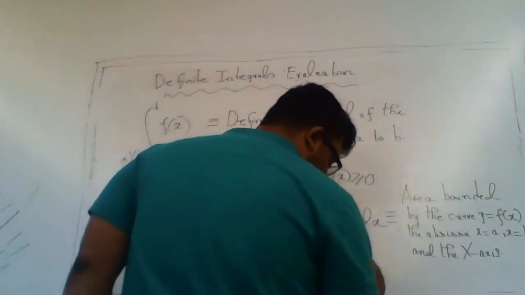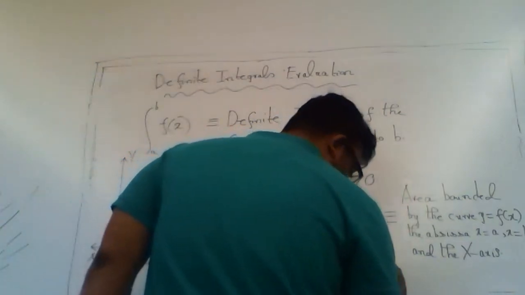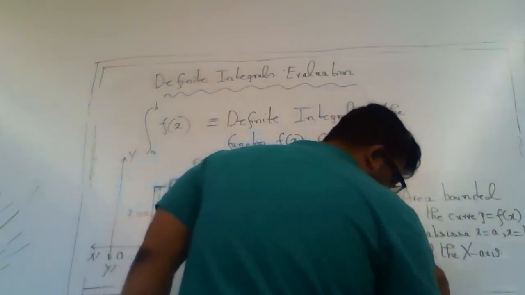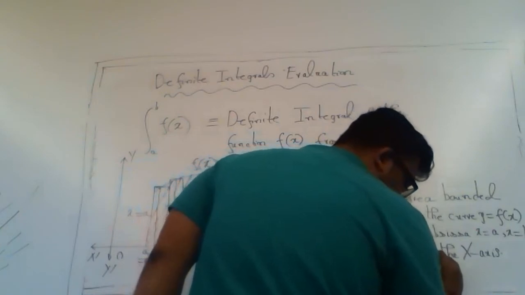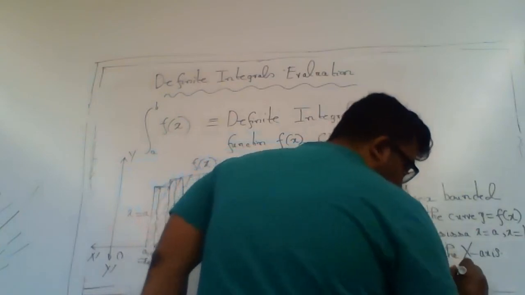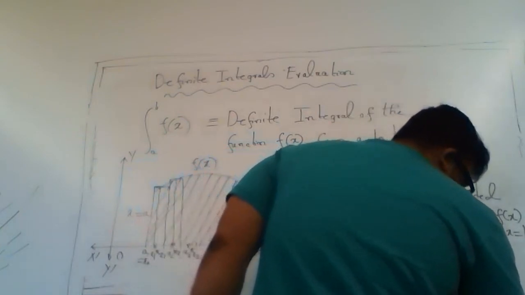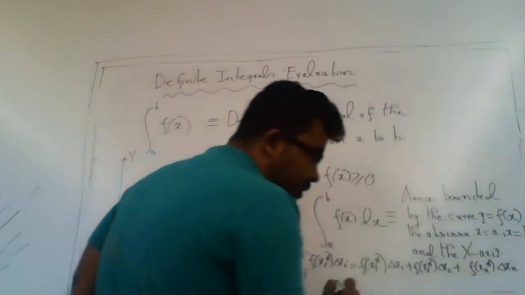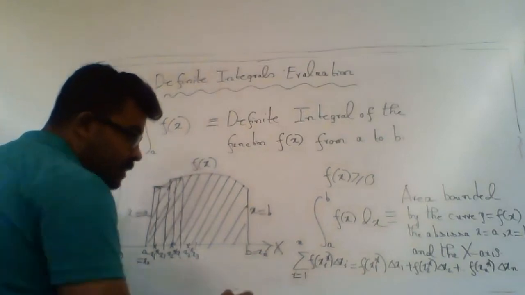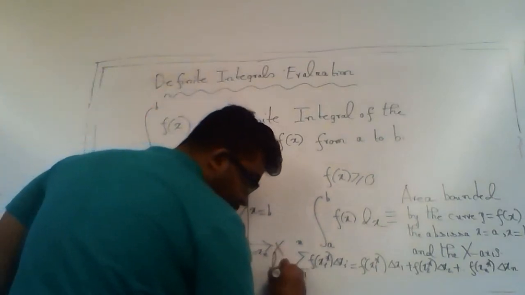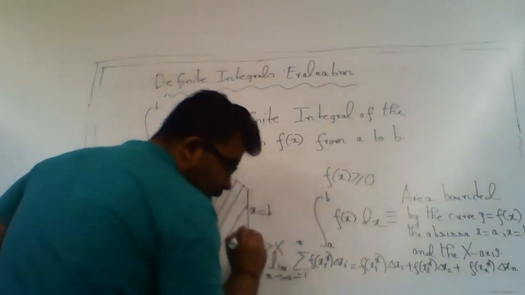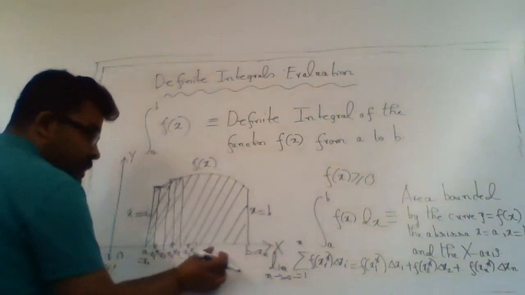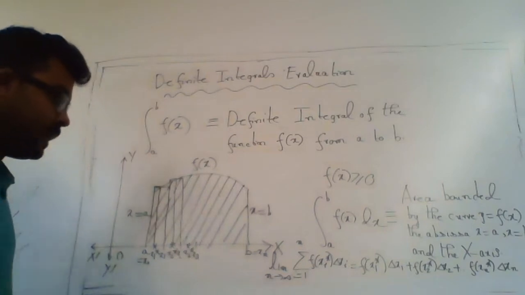If you expand it, it will be f of x1 star times delta x1 plus f of x2 star times delta x2 plus and so on, f of xn star times delta xn. This is the Riemann sum, and if you take the limit of this Riemann sum as n tends to infinity, that is, you take the limit as the number of pieces becomes small and n tends to infinity.